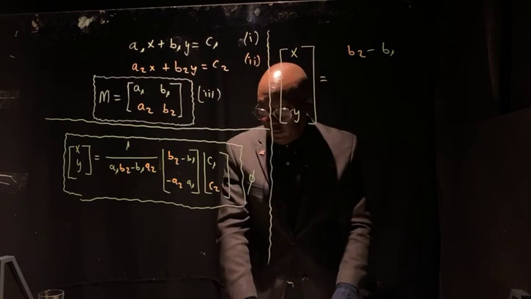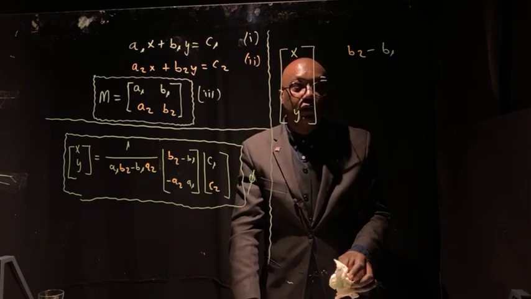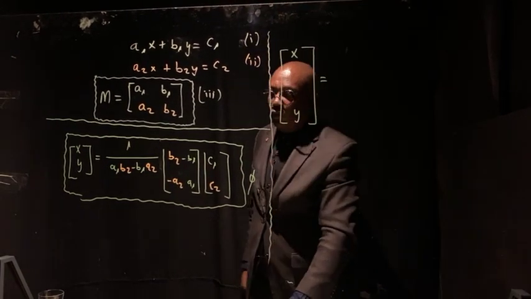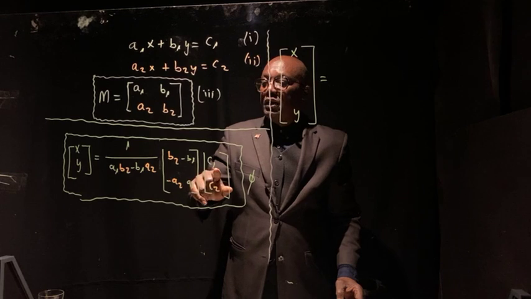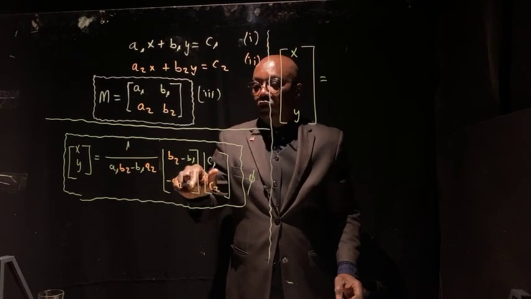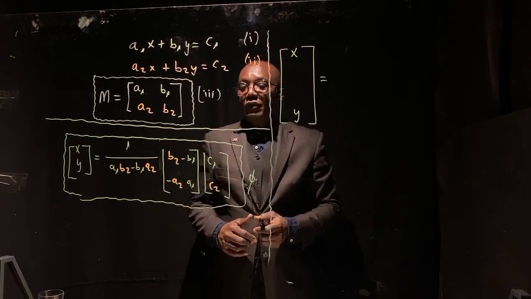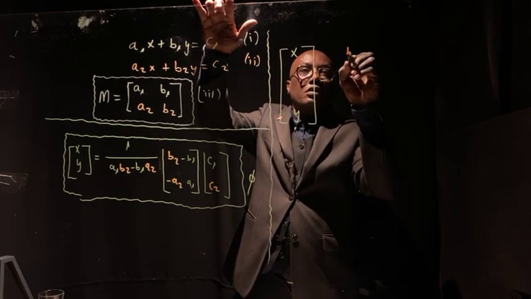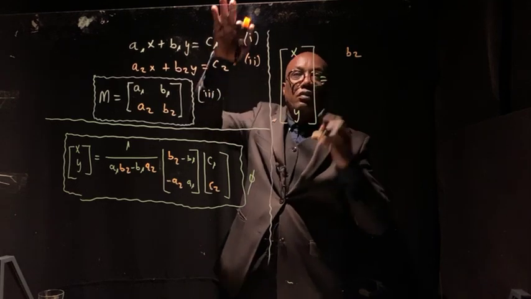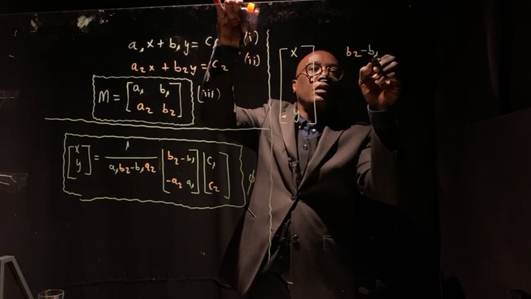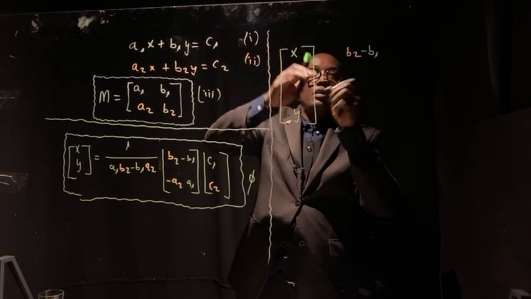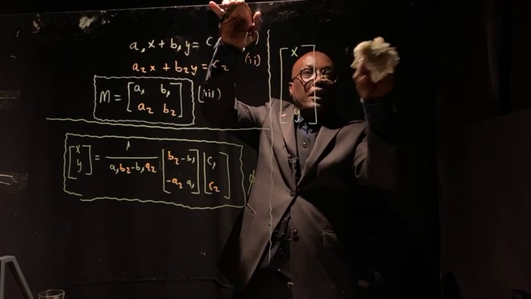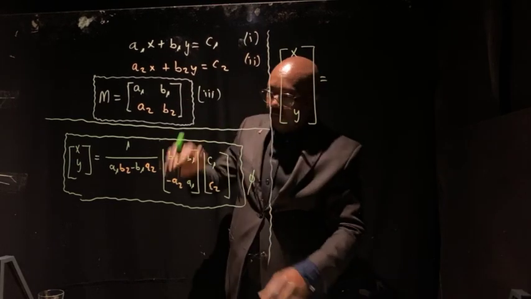Now we have to write the determinant before. But before we do that, we are going to multiply this one to this one. It is matrix multiplication. We'll do it this way: b2, minus b1.